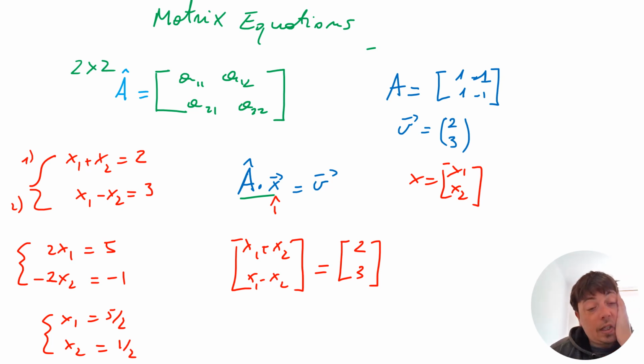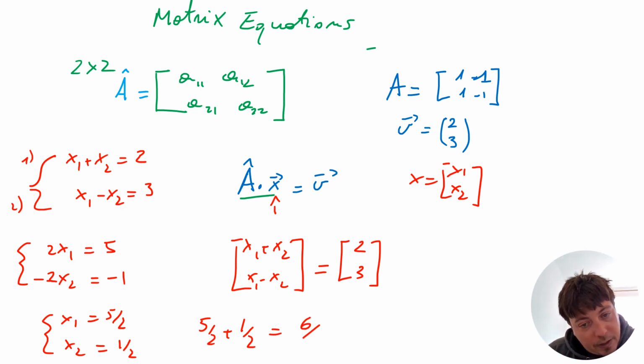Let's see if that checks. If we do 5 over a half plus 1 over half, it should be 2, and in fact it's 6 divided by, I did something wrong. If you sum them, we get 5, and if you subtract them, you get minus 1, minus 1 half, sorry.